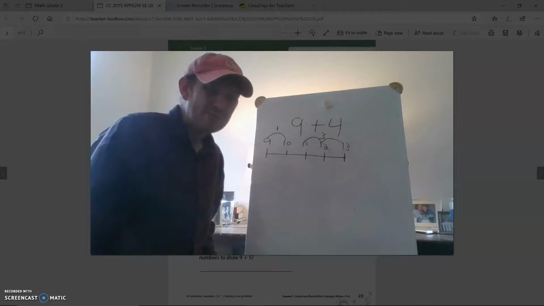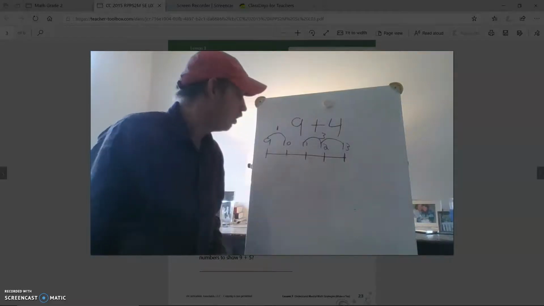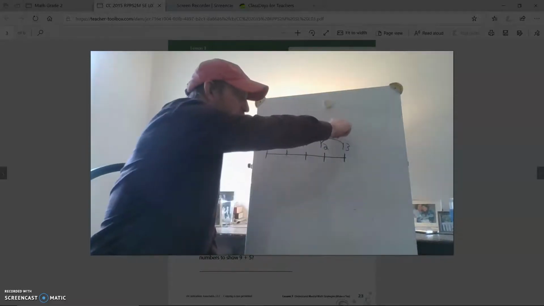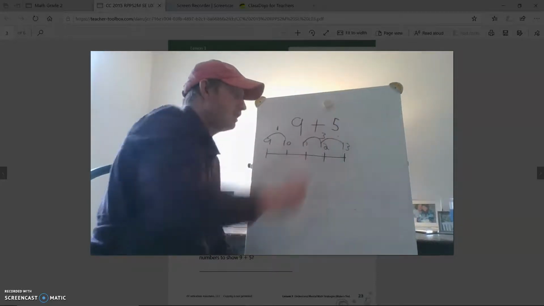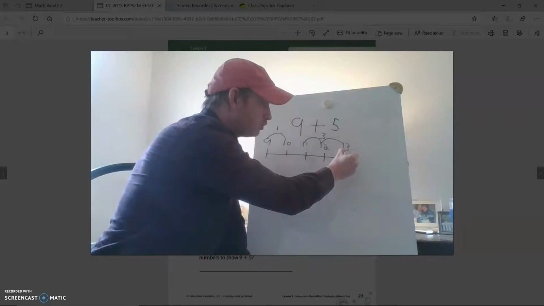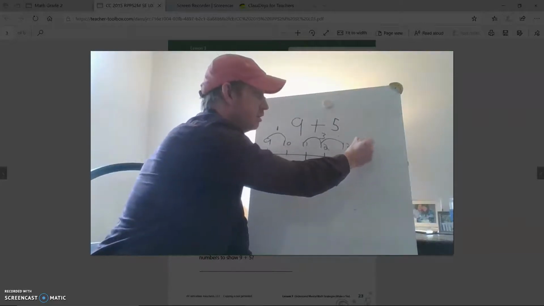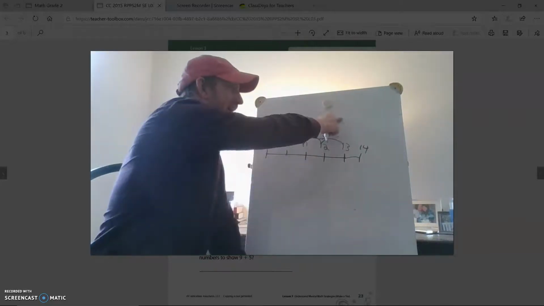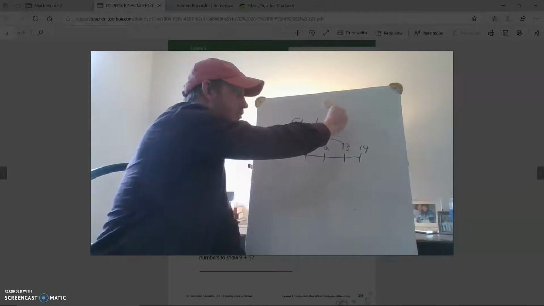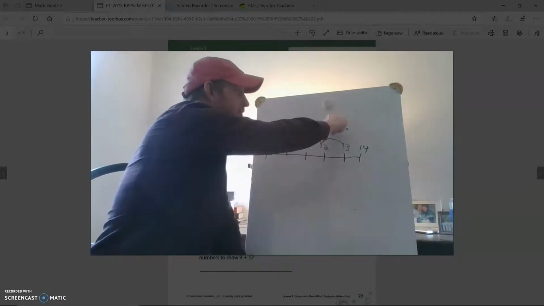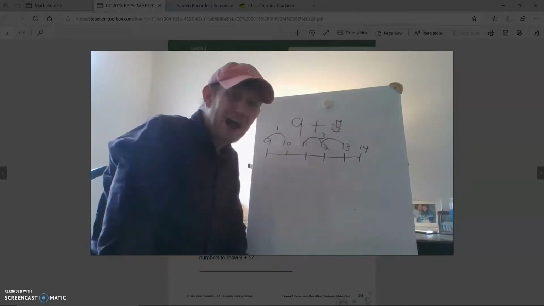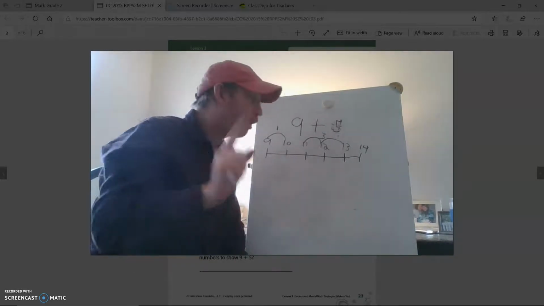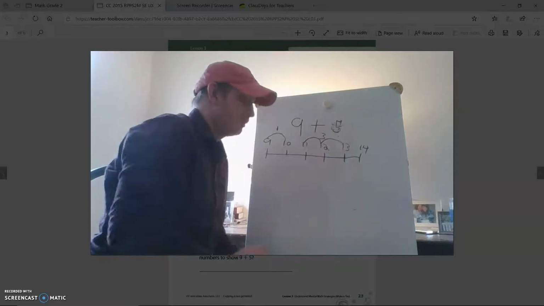But if we had 9 plus 5, all we would do, change it up here so we can see, 9 plus 5, is add one more to our number line. Because we had 9 plus 4, now we have 9 plus 5, and 5 is one more than 4, so we're going to add one more.